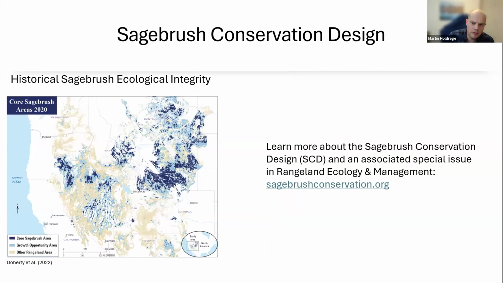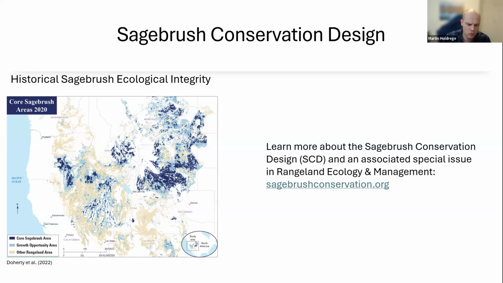We've also been involved with the sagebrush conservation design. A lot of you are probably familiar with this map here on the left showing sagebrush ecological integrity categories. And recently there was also a special issue in Rangeland Ecology and Management that includes like 20 or so papers that have continued this work and expanded it in multiple different directions.